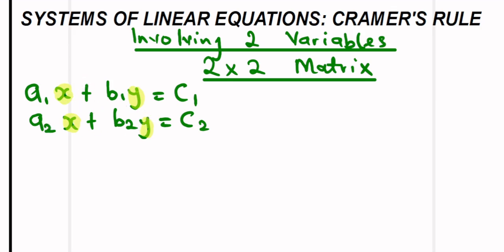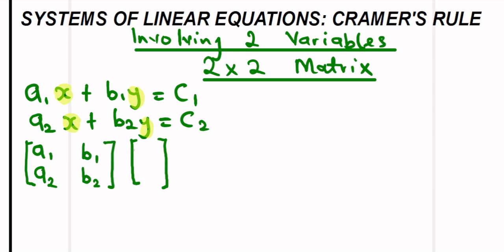So the first thing I'm going to write are the coefficients of x and y. We'll have a1, a2, and then b1, b2. So this is the first matrix. Then we'll bring in another matrix.